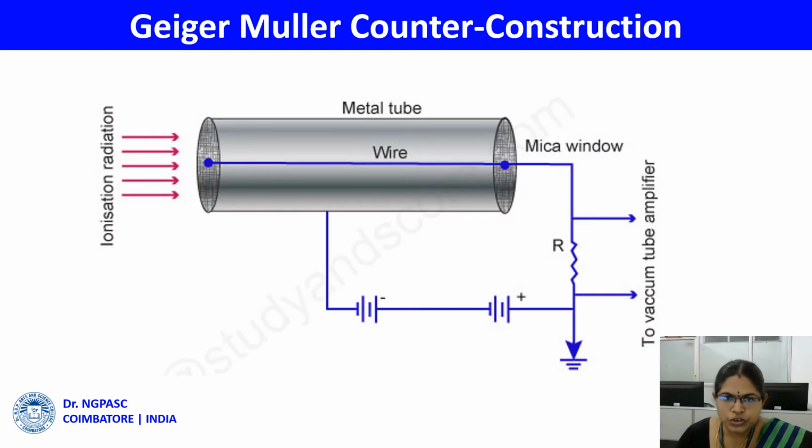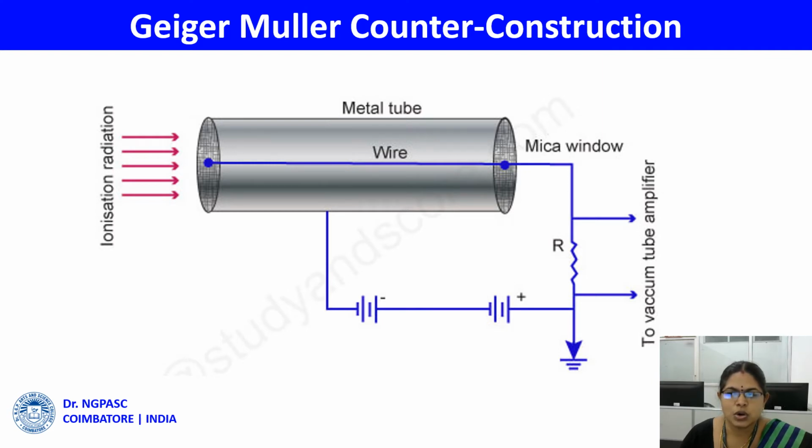So when we move into construction of GM counter, the components are metal tube, tungsten wire, mica window, and the type of ionization radiations, and resistors. So these are the components. How was it constructed? It consists of a hollow metal case enclosed in a thin glass tube.